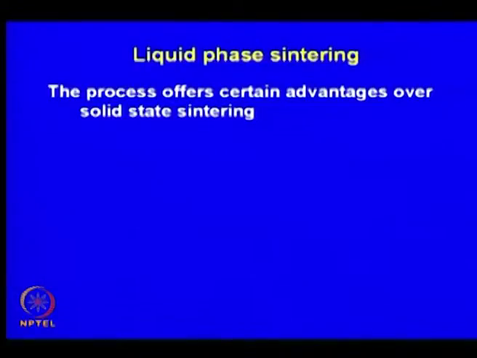A lot of ferrite cores are used, most of you know, in transformers. They need to be very dense, they need to be fine grained, and they need to have uniform properties. And all these ferrite cores are sintered by liquid phase sintering.